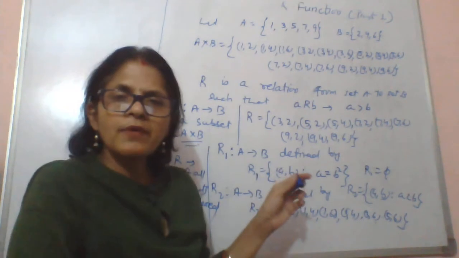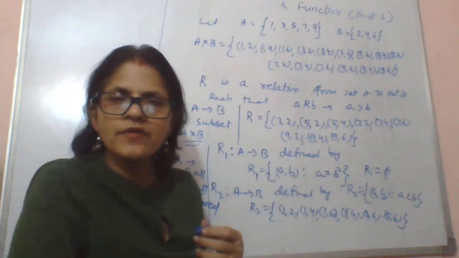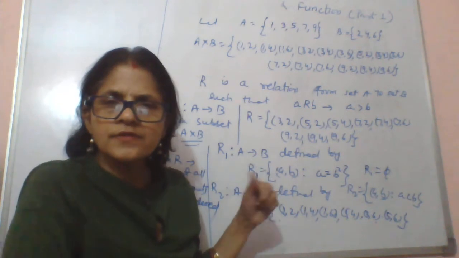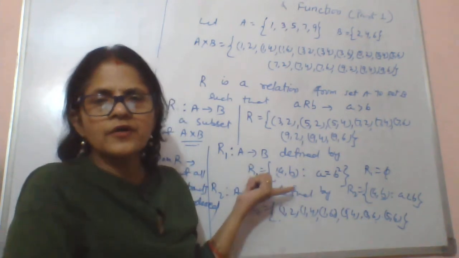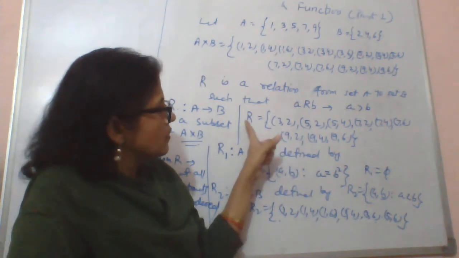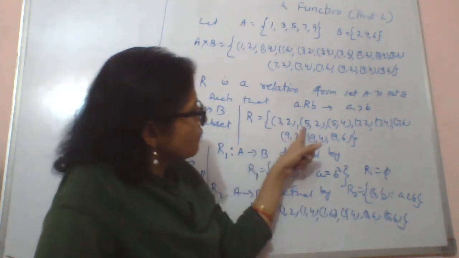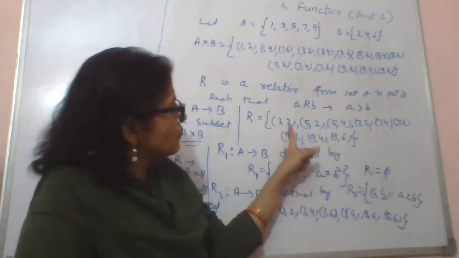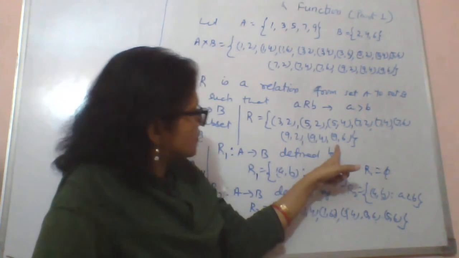Similarly, the range of the relation is the set of all second components of the ordered pairs. So here you see, the domain of this relation will be {3, 5, 7, 9}, and the range of the relation would be {2, 4, 6}.